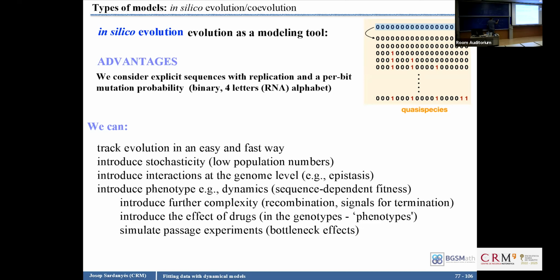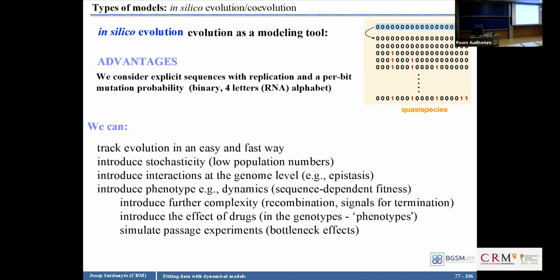If I have a straight line, the effect of adding mutations is linear. But it can be different. Adding mutations can have a stronger effect in decreasing the fitness or not. These are different types of epistasis. This has been studied a lot in real viruses, and you see that this exists in real viruses.